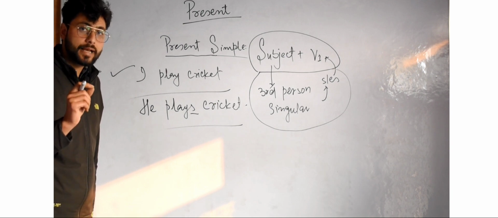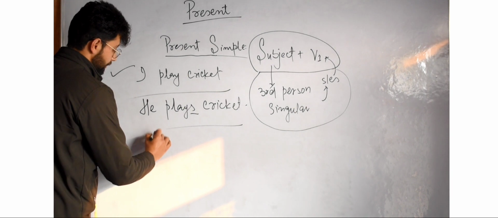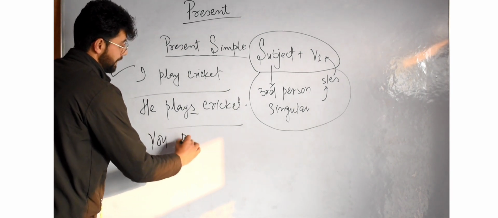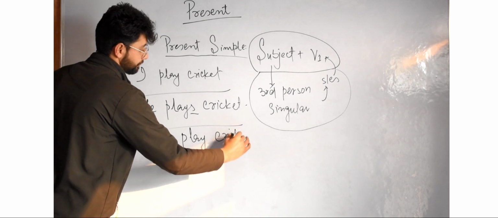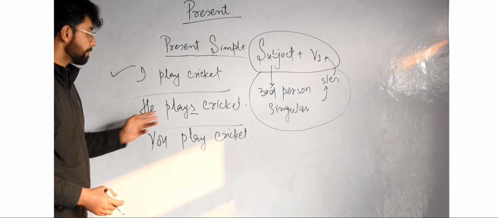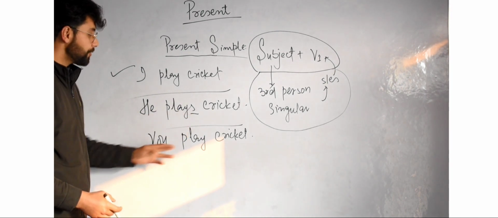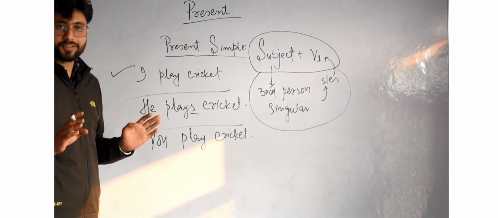Now let's give an example of second person. You play cricket. I play cricket. He plays cricket. You play cricket. Simple, no rocket science.